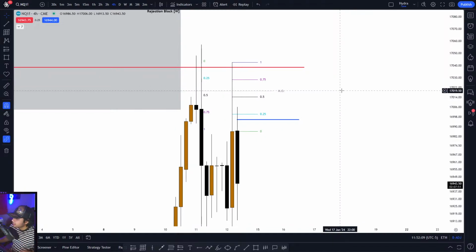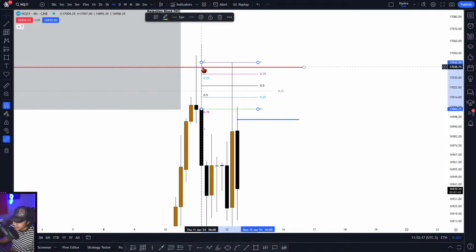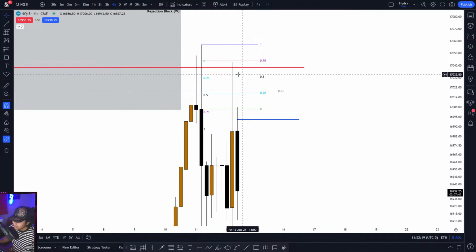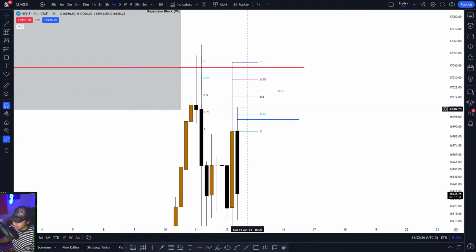So very nice, right? So this was the logic, I believe. Price gets sensitive inside these quadrant levels of a week, and if I put the same week here, you can see that we got rejected from the consequent encroachment. So very nice. I believe I found it out because of this.